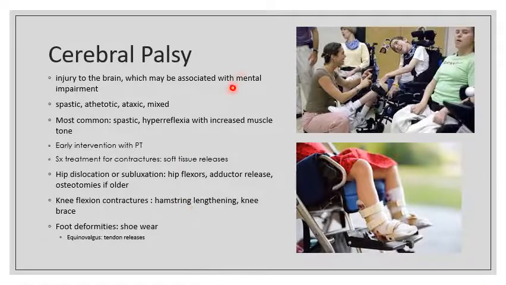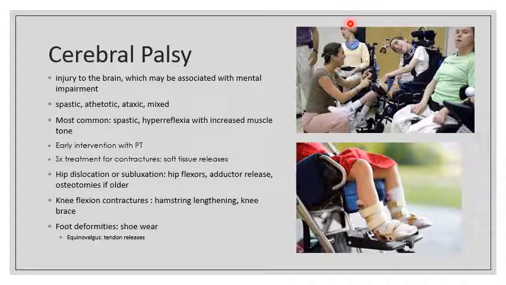So cerebral palsy basically is injury to the brain, which may be associated with mental impairment. Cerebral palsy could happen during pregnancy, during the birth procedure, or even after, postnatal. Spastic is the most common, which means that there's increased muscle tone and hyperreflexia, and it's usually the most amenable to operative treatments.